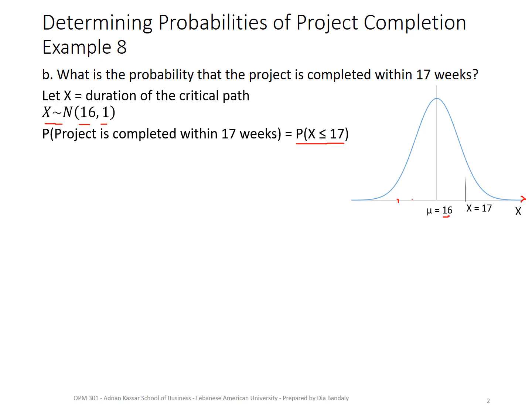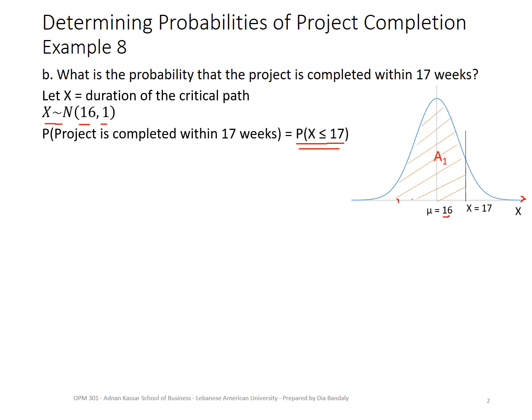Okay, now I'm looking for X equals 17, and I want the probability that X is less or equal than 17. So remember, this is a PDF, probability density function. So to find this probability, I'm looking for the area under the curve, all right?